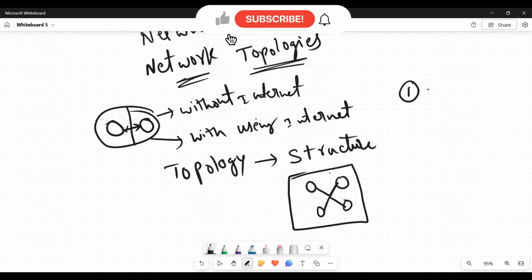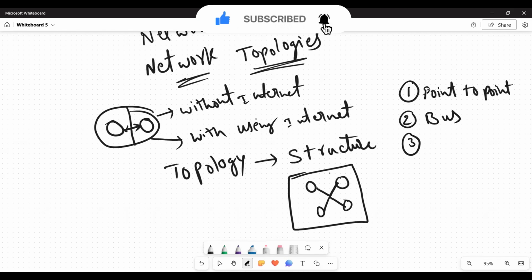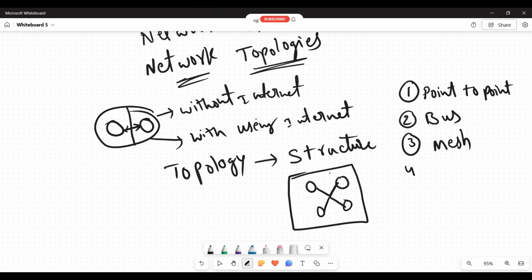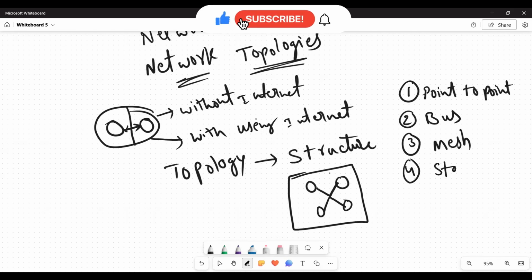One, point to point. Second one is bus topology. Third one is mesh. Fourth one is star. Fifth one is ring.